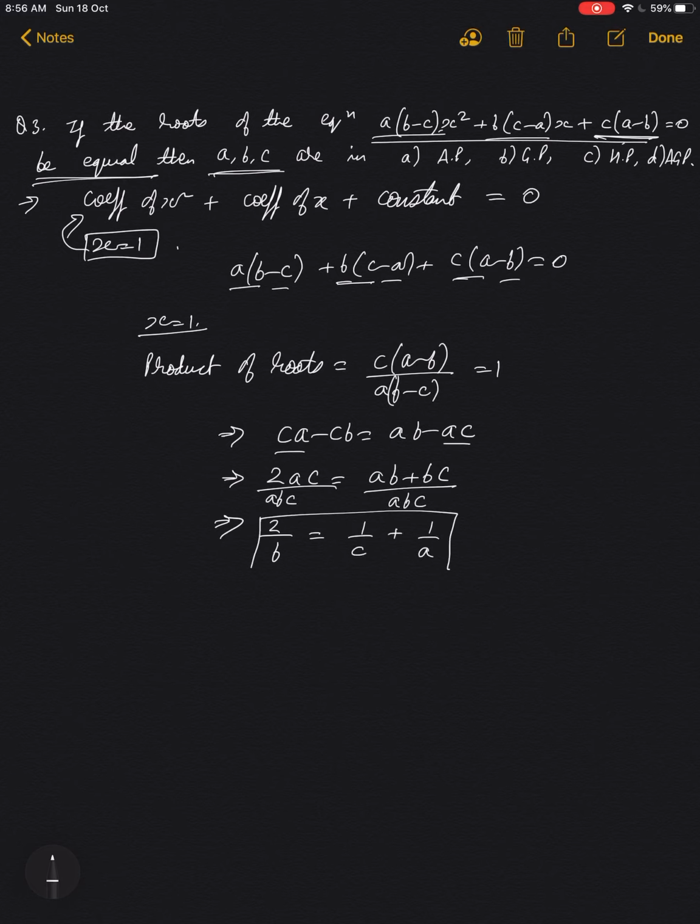From this we can easily say that 1 by a, 1 by b and 1 by c are in AP. Then we know that a, b, c are in HP. So a, b, c are in HP is the correct answer, C.